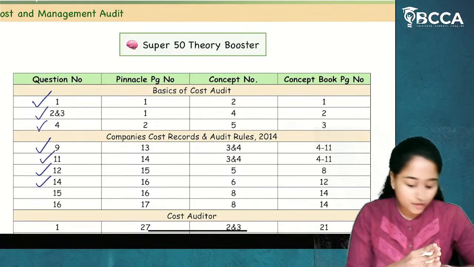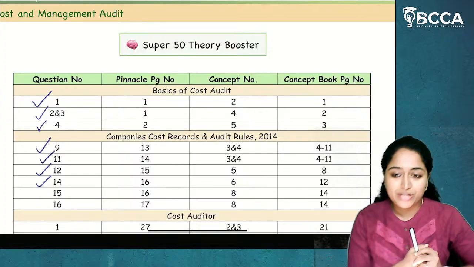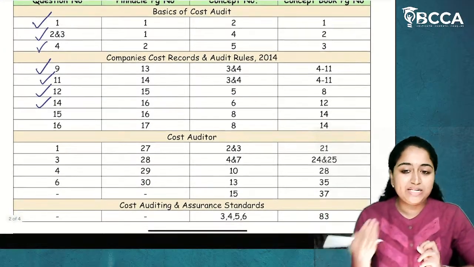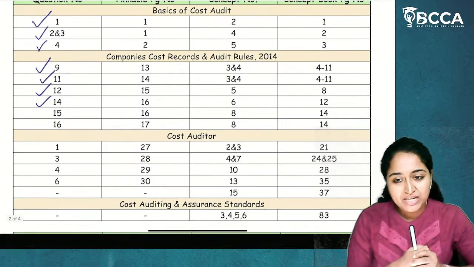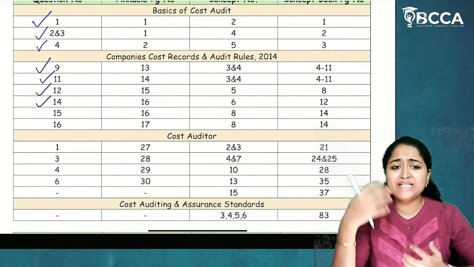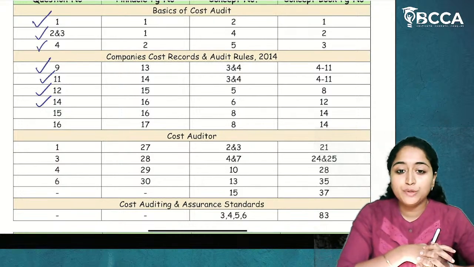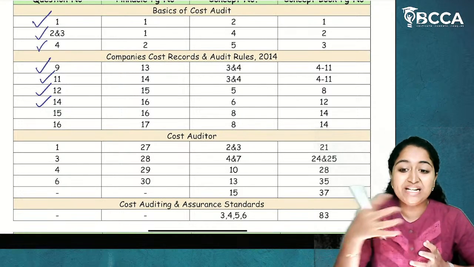Then we moved to the second unit of Section A, Cost Audit, which is Companies (Cost Records and Audit) Rules 2014. We saw 4 questions from that, mostly from rules. We saw the questions from rule 2 and the definitions.